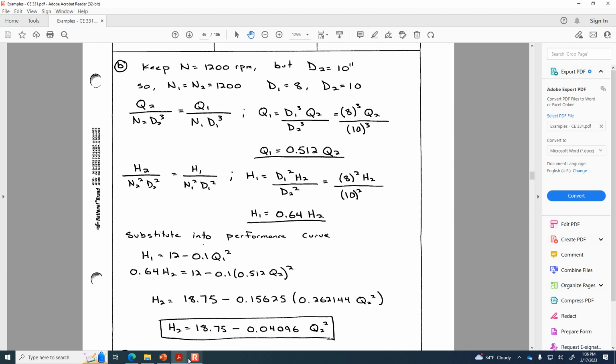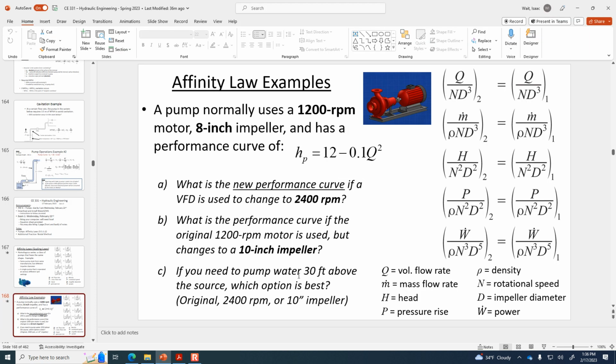So the last part of the example asks the question, if you need to pump water 30 feet above the source, I guess we'll assume that this is units of feet for length, which option is best? The original pump curve, operating at 2400 RPM, or the 10-inch impeller? Well, the original pump curve couldn't achieve a lift of 30 feet because the cutoff is 12.